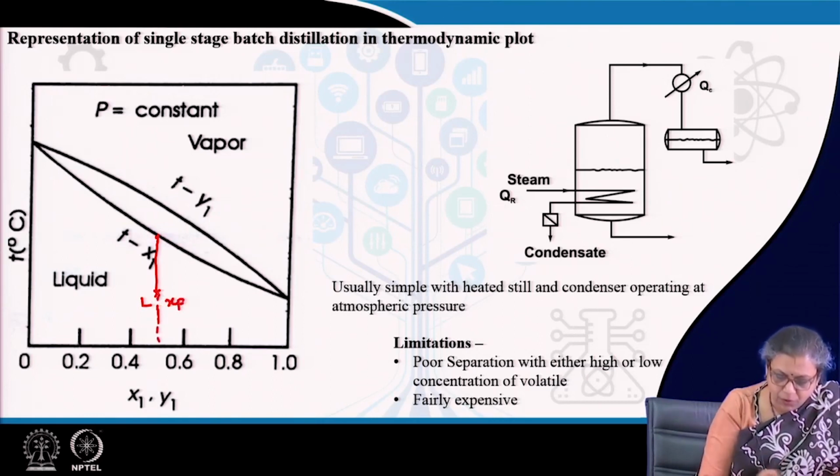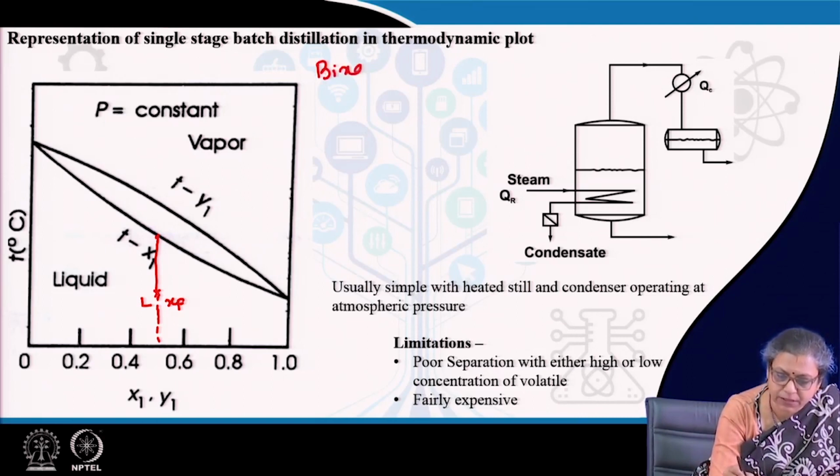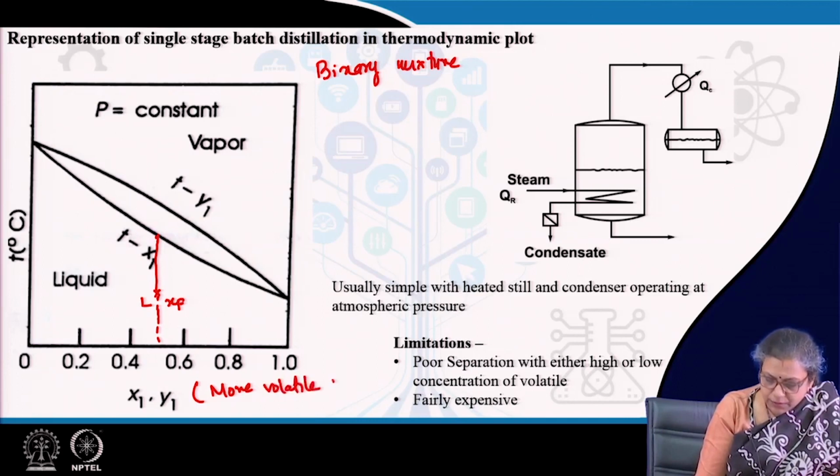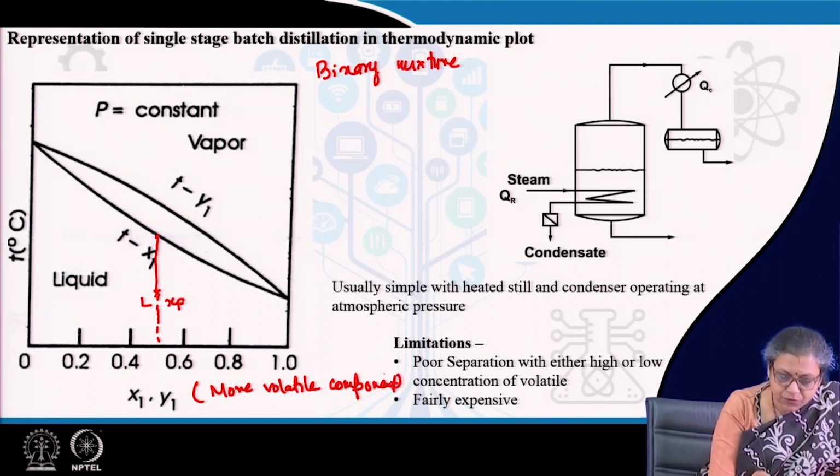This plot is definitely for a binary mixture, otherwise we could not have done it, and it is plotted in terms of the more volatile component. So x, y correspond to the composition of the more volatile component, and the moment it reaches the saturation state, we get the vapor which is in equilibrium with this composition.